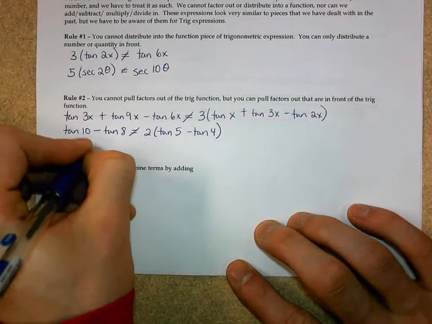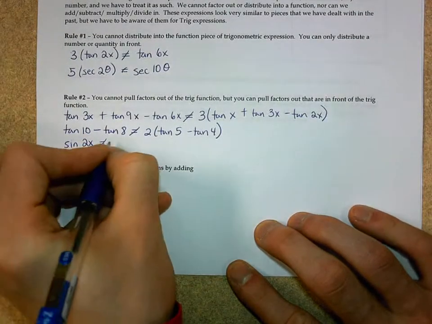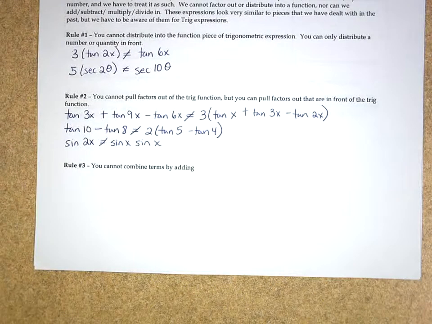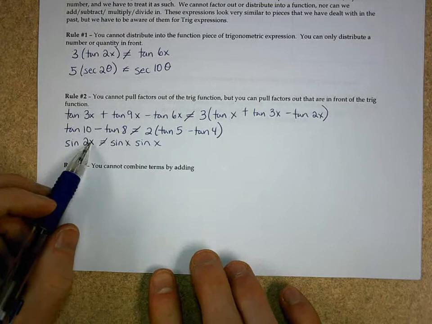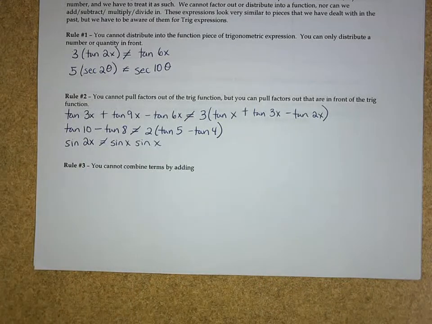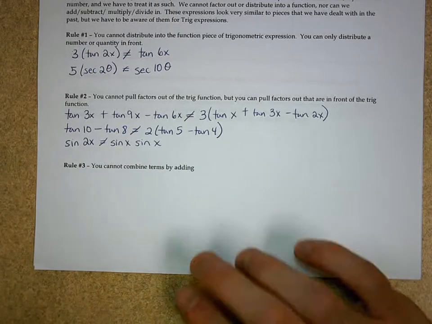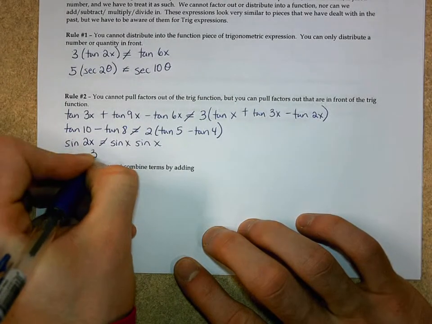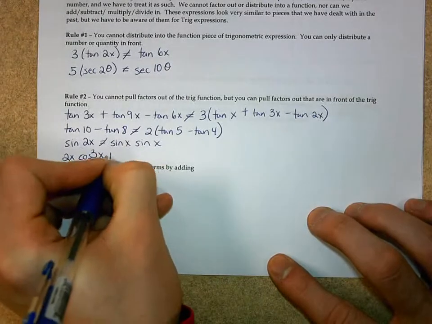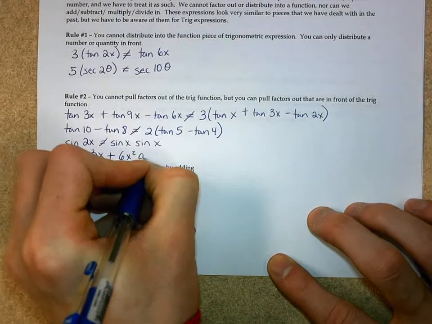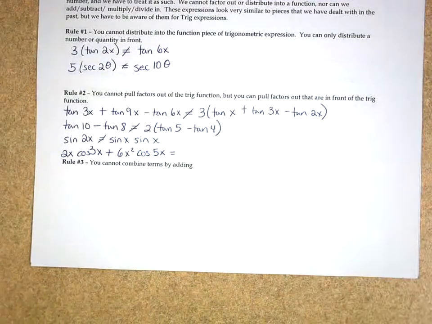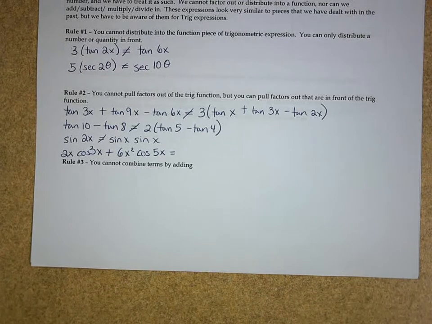Likewise, if I have the sine of 2x, I cannot break this down into the sine of x times the sine of x. Once again, that 2 is on the inside, so I can't do any breaking down. But let's say I had something like this: 2x cosine of 3x plus 6x squared cosine of 5x. This I actually can factor some stuff out, as long as I pull out factors that are in front of the trig function.